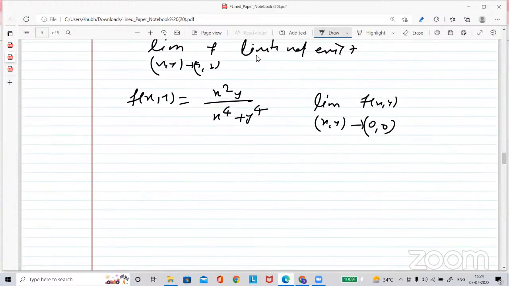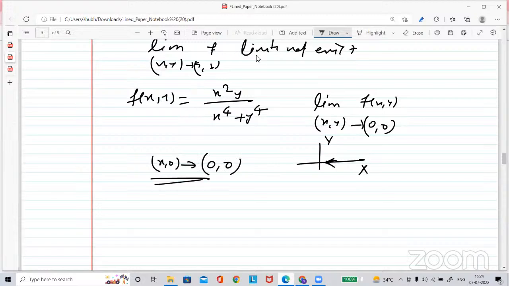If you are approaching 0 along this line, this is x, this is y, it will be (x, 0), approaching 0 along this axis.